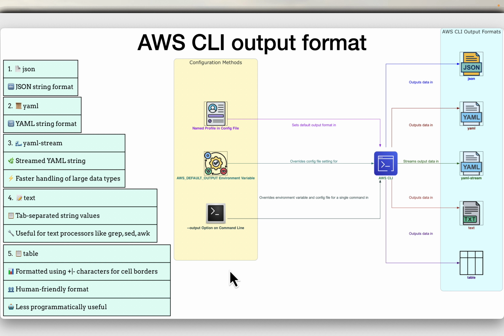And lastly, we have table. The table is formatted as a table using characters like plus, minus, and pipe to form the cell borders. It typically presents the information in a human-friendly format that is much easier to read than others, but not as programmatically useful. So it's easier on the eyes, but you cannot program it or pipe it to any other utility.